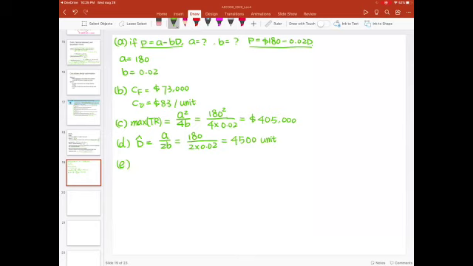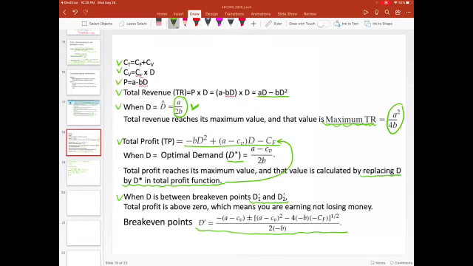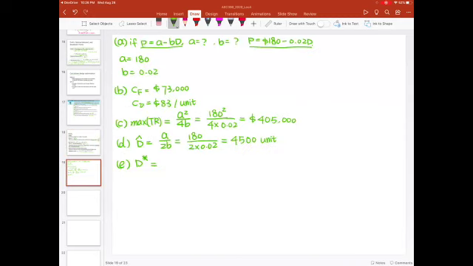And question E is, what is the optimal demand, where you can have your total profit maximized? That's D star, okay? And D star, we have it here. It's A minus C lowercase v over 2B. So A minus C lowercase v over 2B.